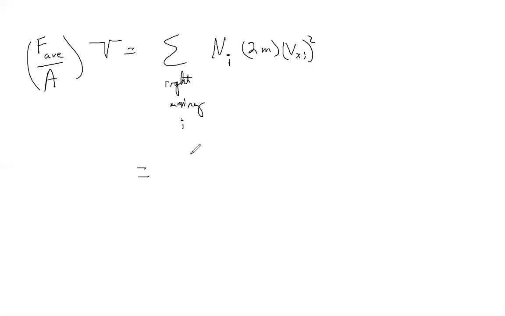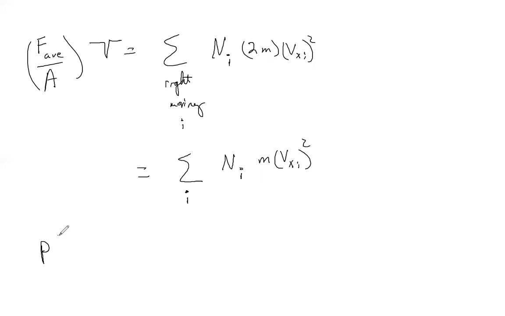And I get the sum over all velocities I, the number of particles with each velocity, times m times vxi squared. And we're almost done. On the left-hand side, this first factor is pressure.